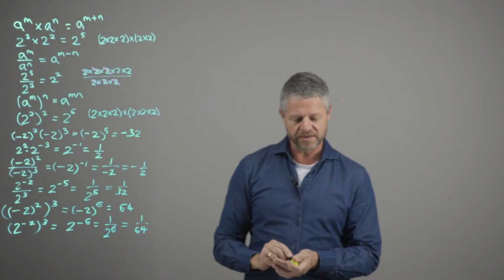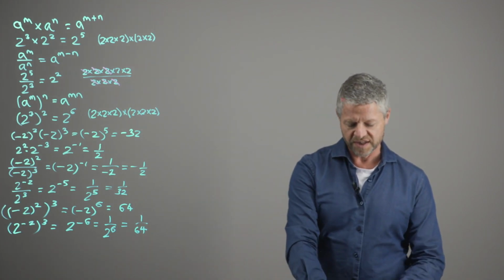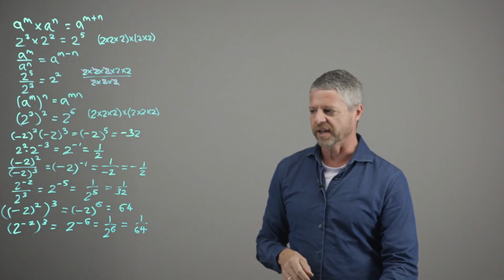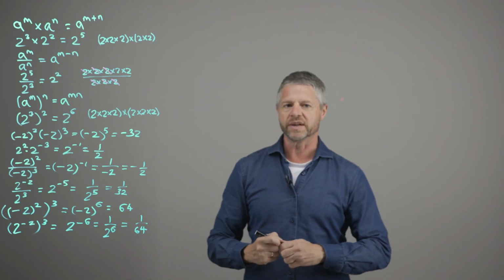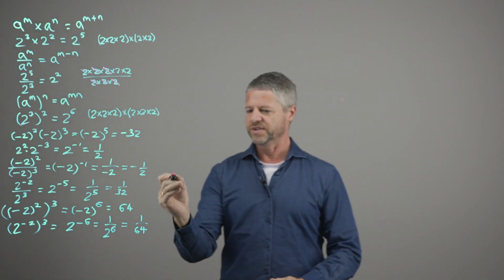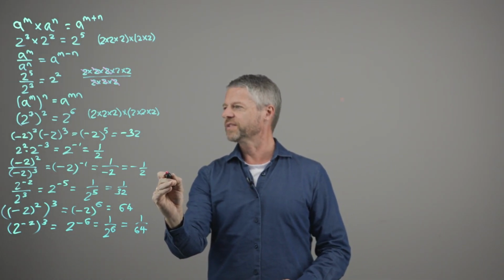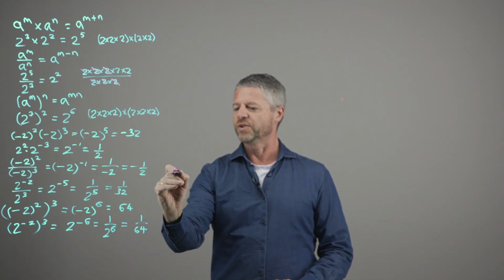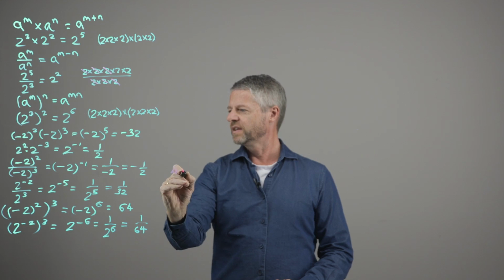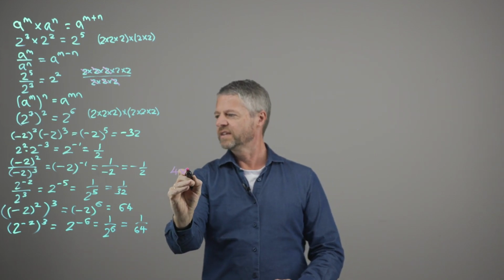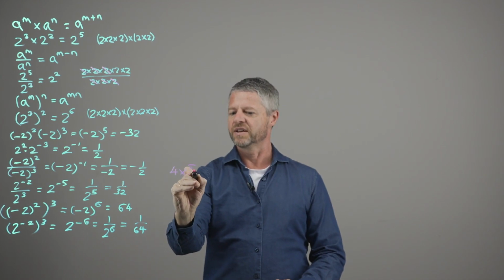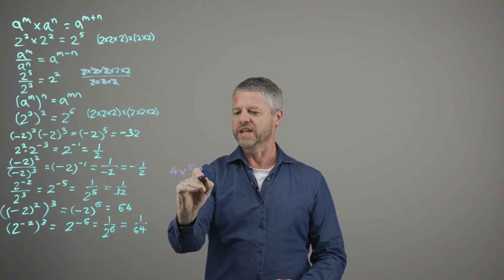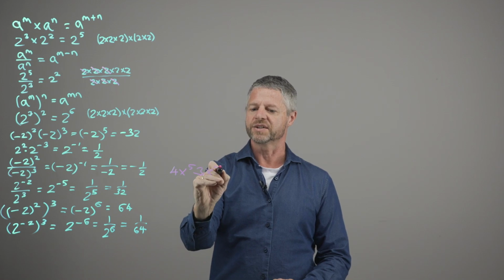So that's working with numbers. These rules also apply when we're dealing with variables. So let's do a few examples with variables. So for example, if we did 4 x to the 5, and then 3x to the -2.